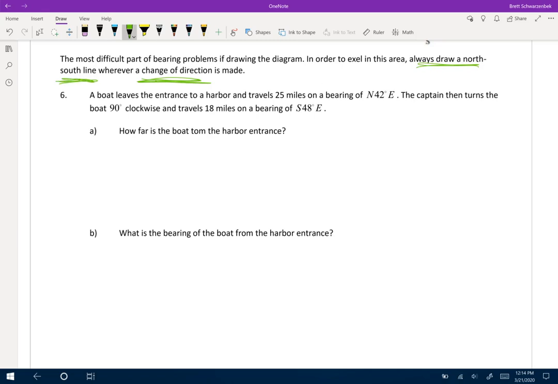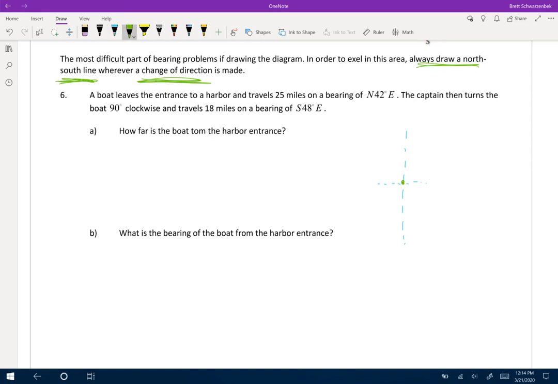It says a boat leaves the entrance to a harbor and travels 25 miles on a bearing of north 42 east. Okay, so right away we're starting at, let's say, we'll call this the harbor, right? So we always want to draw a north-south line, and if you want, you can draw a nice little east-west as well, but the north-south line is what's important wherever you start.